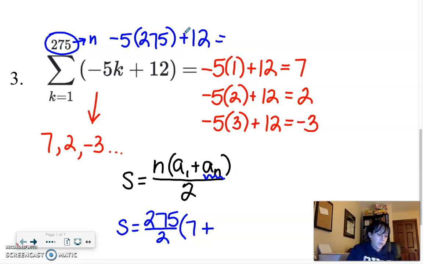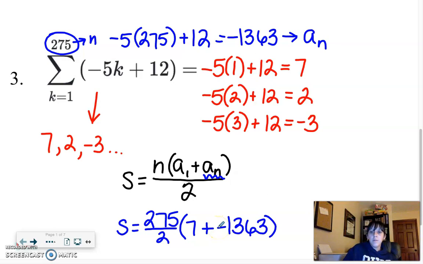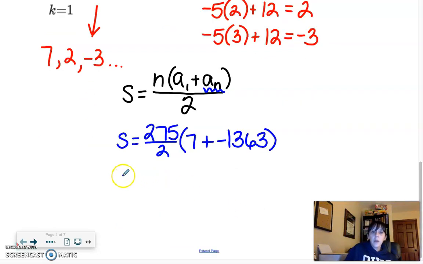So it is negative 1363. So that would be your A sub n value in this problem, negative 1363. All right, got everything you need, just compute. I would do parentheses first, of course.